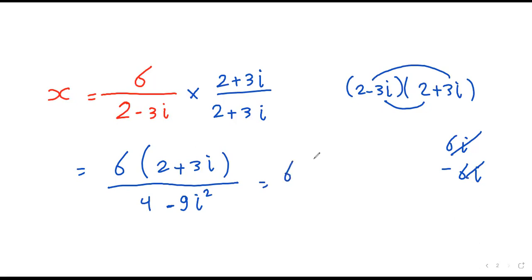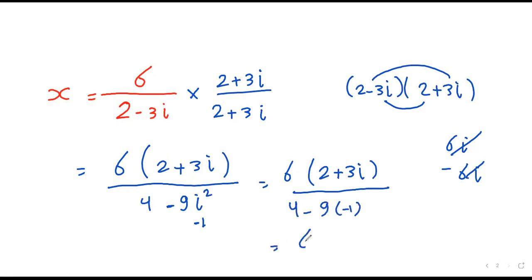So write it as 6 multiplied by 2 plus 3i over 4 minus 9 multiplied by negative 1, since you know that i squared is negative 1. So it will be over 4 plus 9, because negative 9 times negative 1 is 9, so 4 plus 9 is 13.